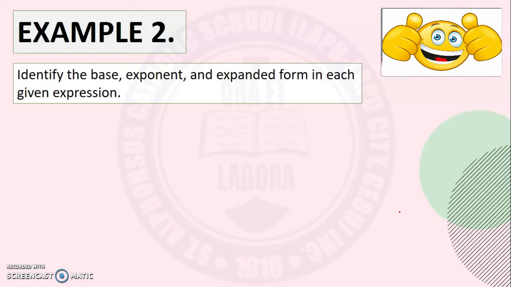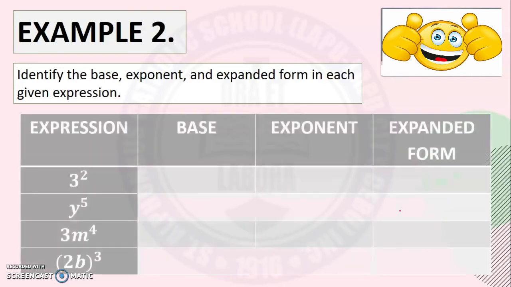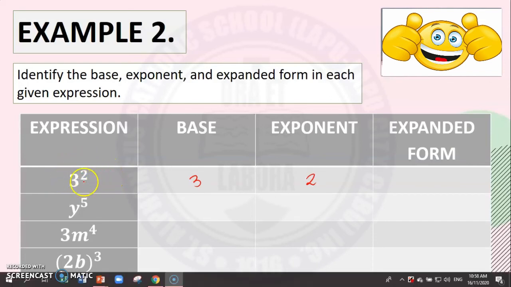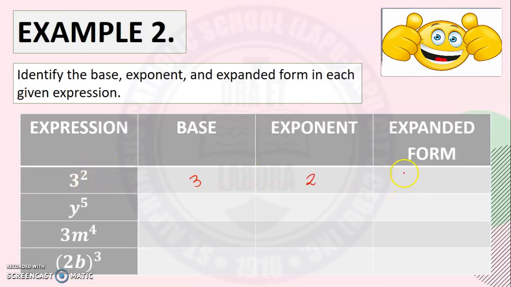That's it. Now, let's proceed to our second example, which is to identify the base, exponent, and expanded form in each given expression. First example, 3 squared. The base is 3. The exponent is 2. Now, for the expanded form, this expression 3 squared means we need to multiply 3 to itself, or we need to have 2 3's.